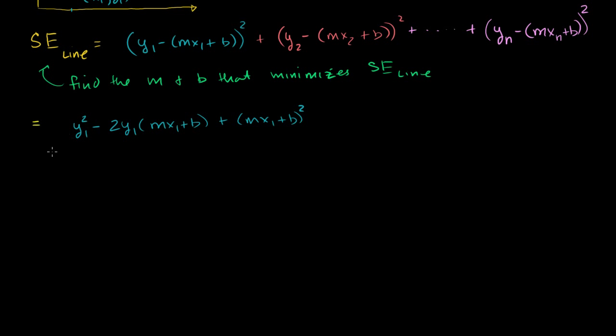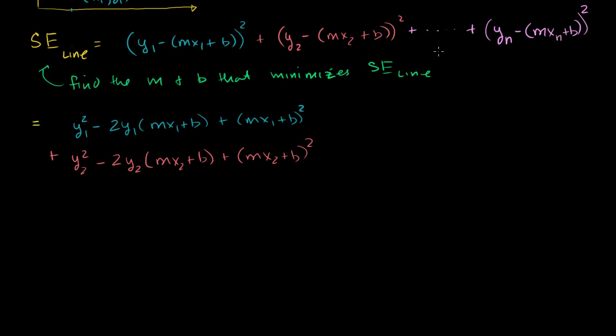So the next term, I'll go down so that we can combine like terms. This term squared is going to be y2 squared minus 2 times y2 times (mx2 plus b) plus (mx2 plus b) squared. Same exact thing, except now it's with x2 and y2 as opposed to x1 and y1.